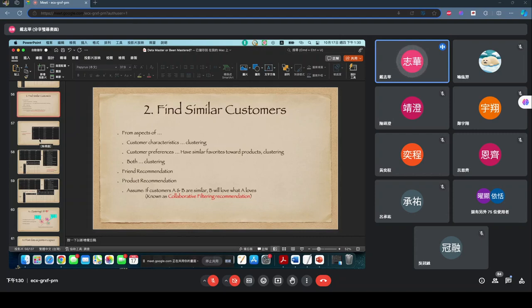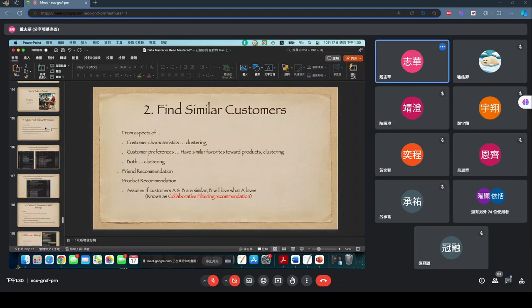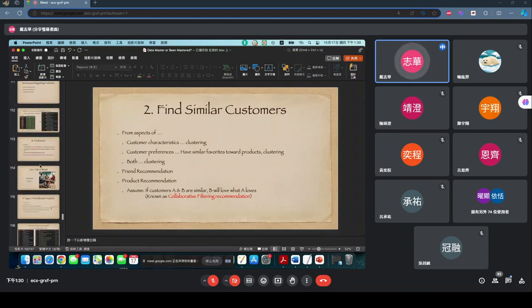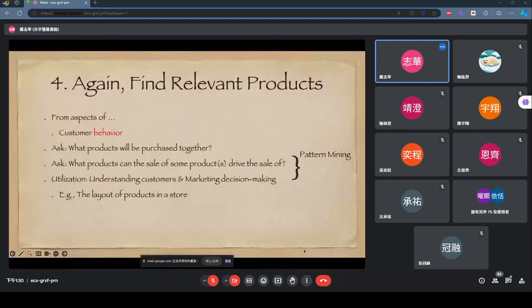But when we say relevant, what I want to say is that when we say pattern mining, we are not looking at the distance. We want to know what common properties those products have.